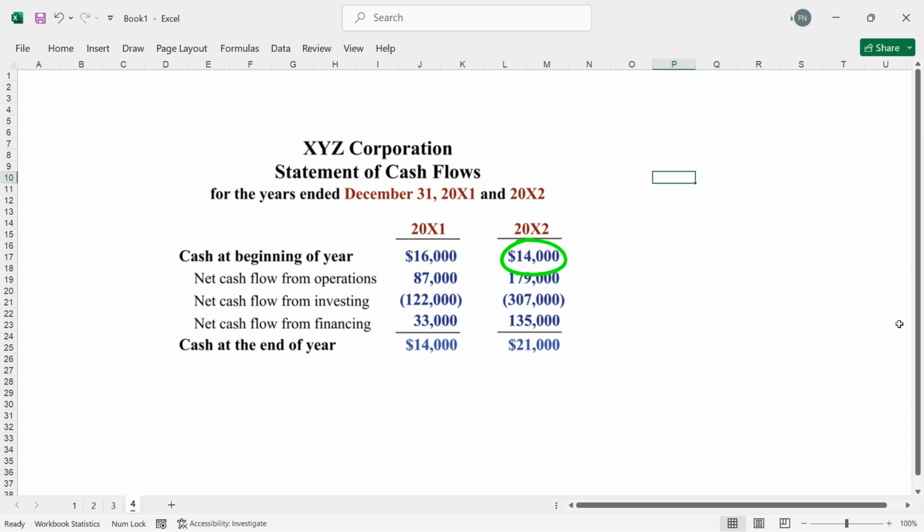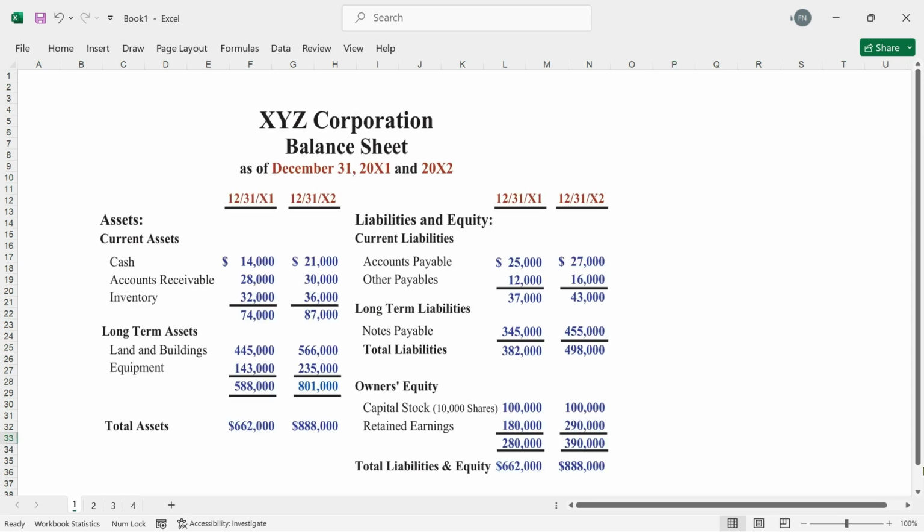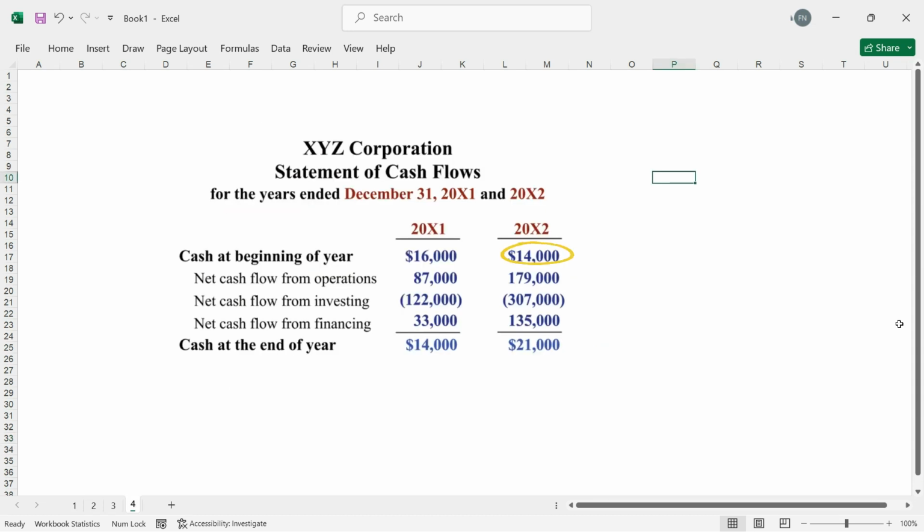Now again, I find that number, $14,000 cash at the beginning of the year, by looking at the balance sheet and looking at the ending balance at the close of business 12/31/20x1, because the ending balance on December 31st, 20x1 is the beginning balance on the next day, January 1st, at the start of business for the next year. So the beginning cash balance for 20x2 is actually the ending balance for the previous year, 20x1.